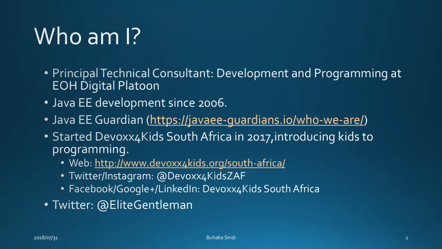I'm a Java EE Guardian. What that means is I basically promote and encourage Java EE development wherever I go. I write blogs about Java EE and the experiences I've learned using it.